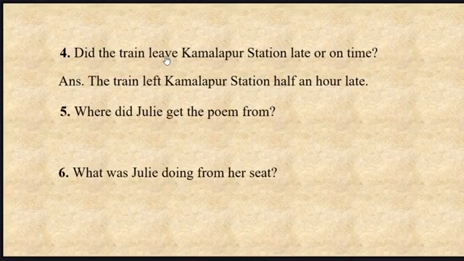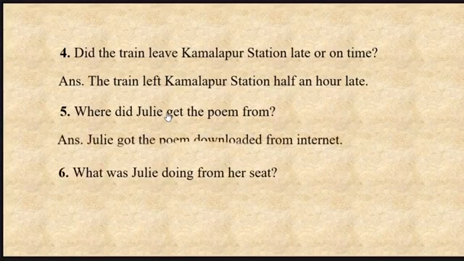Question number 5 says, where did Julie get the poem from? Can you say, where did she get the poem? Can you remember? Yes, she downloaded the poem. I have discussed it with you about download. So you see, Julie got the poem downloaded.